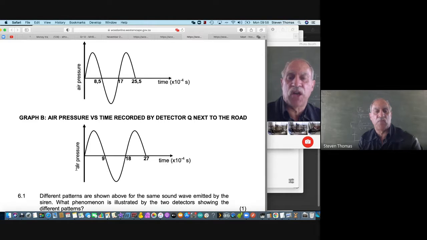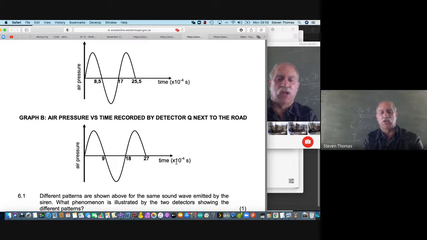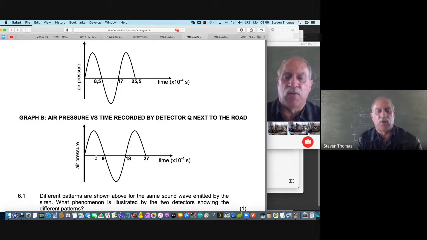They've given us air pressure over time. So one wave seems to take 18 times 10 to the 4 seconds. Okay, so don't forget, that's the period of the wave. So here they give us the period of the wave.